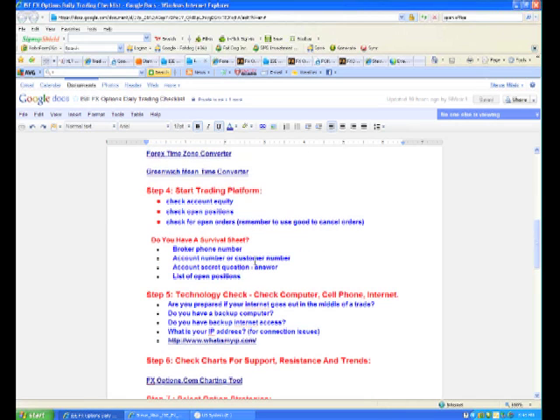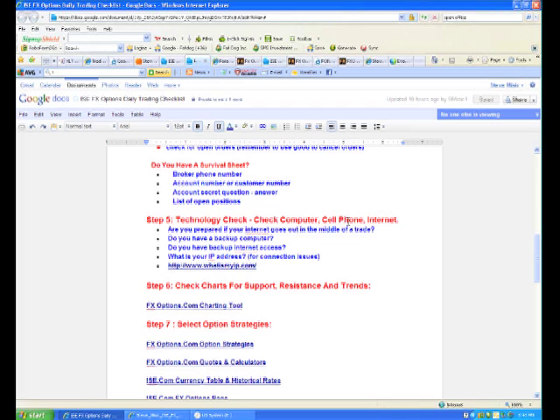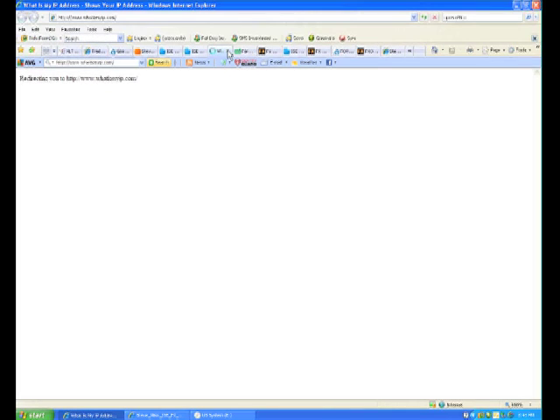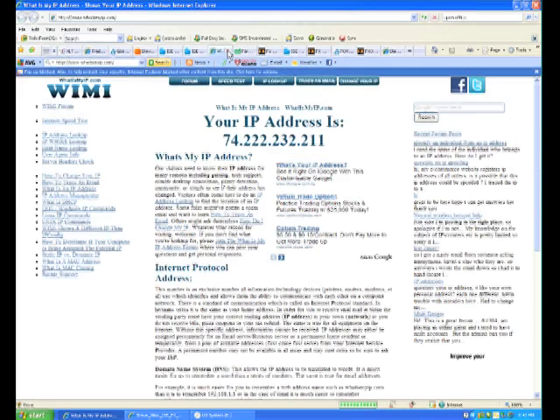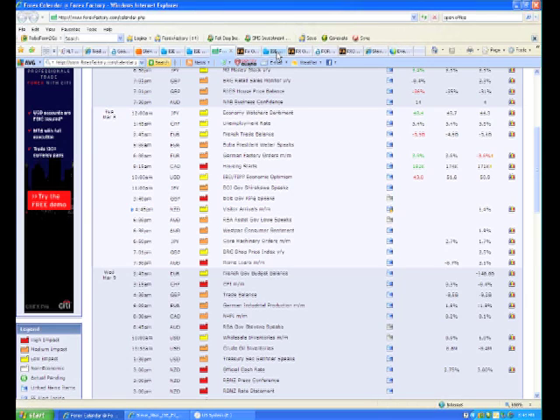I've also got my technology check: make sure my cell phone is charged, make sure I have a backup computer, backup internet. I happen to have a wireless air card that I use to trade in case I lose my home internet connection in my office. And I have a link to a website that would allow you to find out what your IP address is if you need it. Okay? So these are some of the things that you would want to have to be prepared.